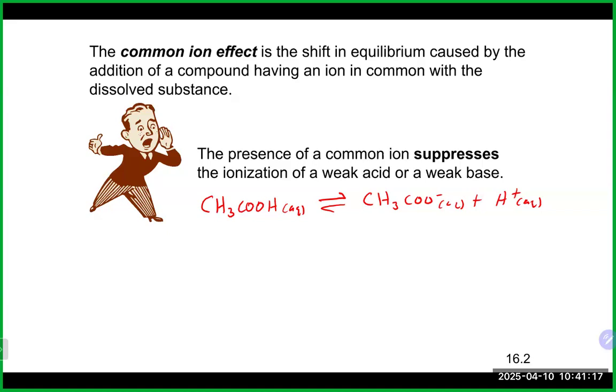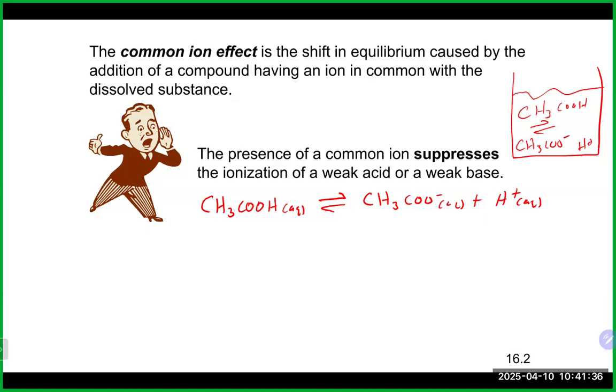If you took acetic acid and you just put it into the beaker, that's essentially what you've got going on in that beaker, arrows and all. You've got these guys floating around.